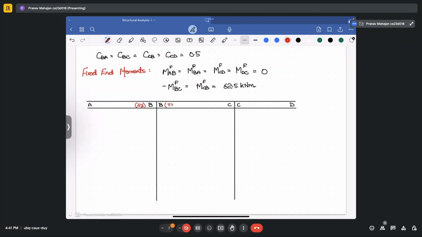Here it is 1 by 3. In this case, here it is 1 by 3, and here it is 2 by 3. Now first we will write the fixed end moments. In this case it is 0, 0. Here it is minus 62.5. Here it is 62.5. In this case here it is 0 and 0.